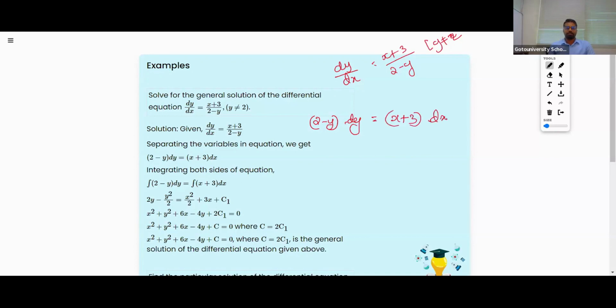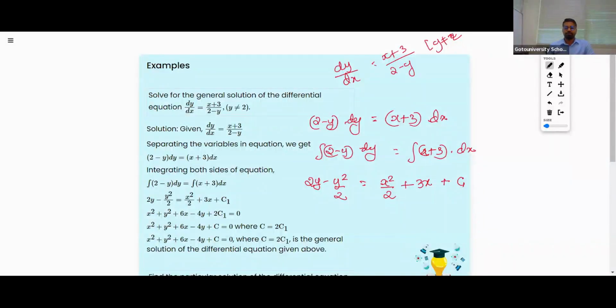Now integrating both sides of the equation, we get the integral of (2 minus y) with respect to y, and here the integration of (x plus 3) with respect to x. Okay, if we are integrating one time, we need to get the arbitrary constant only one time, right? So that is why you can write 2y minus y square by 2 is equal to x square by 2 plus 3x plus a constant c.